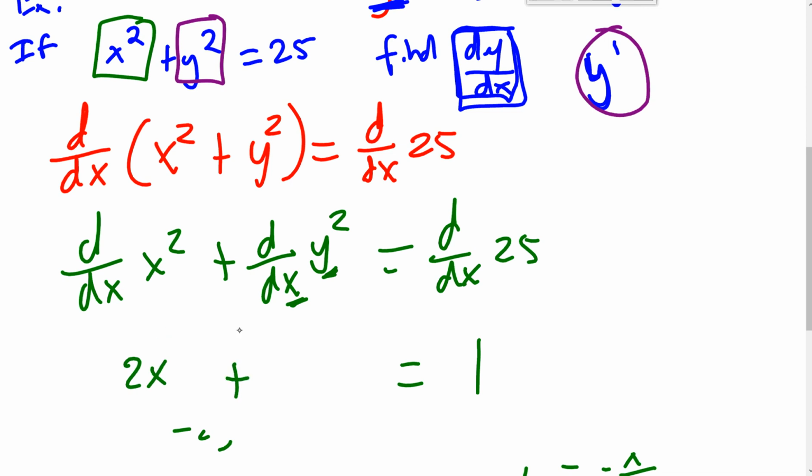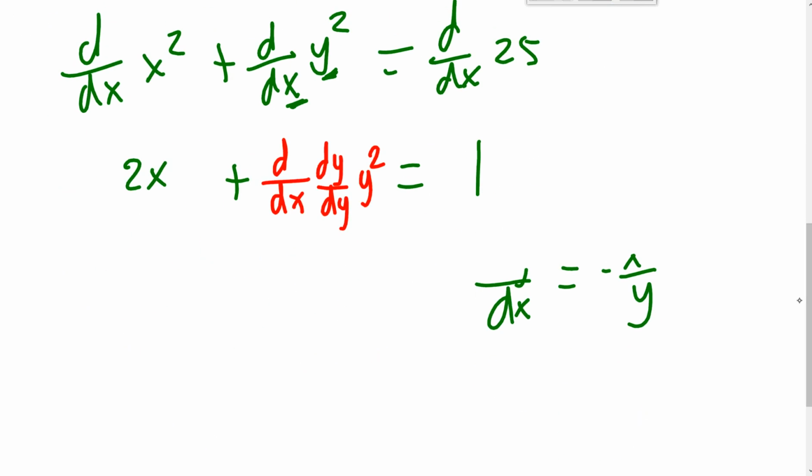This is where we have problems. So if we multiply both sides by dy over dy, my fraction stays fine, y squared. So we multiply that fraction by dy over dy, which is just 1.